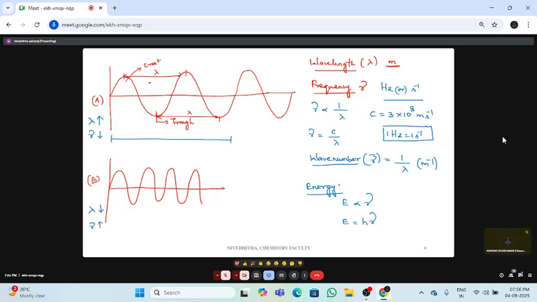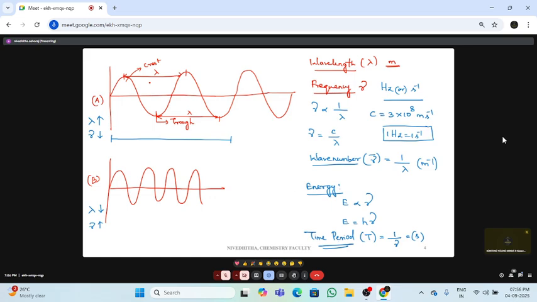Okay, very good. And finally, time period. Time period can be represented with the symbol capital T, and it is the reciprocal of frequency. Now tell me, what is the unit of time period then? 1 by second inverse, which is seconds. That's it. So second is the unit of time period.